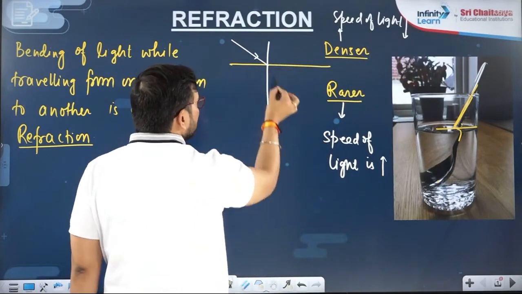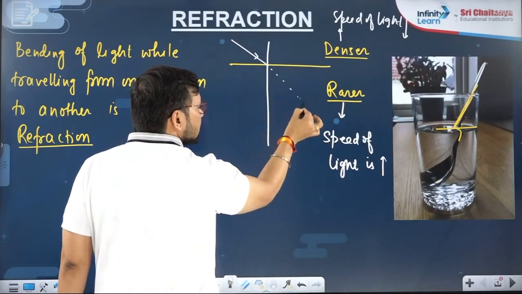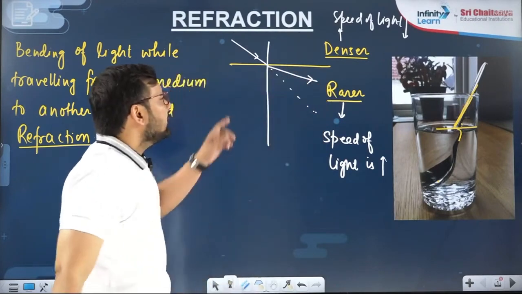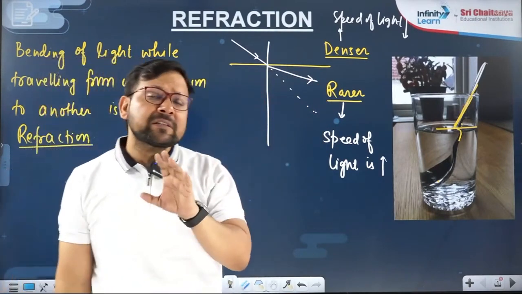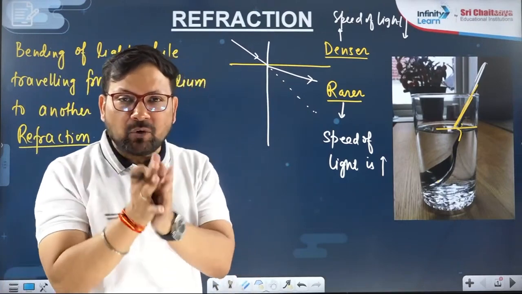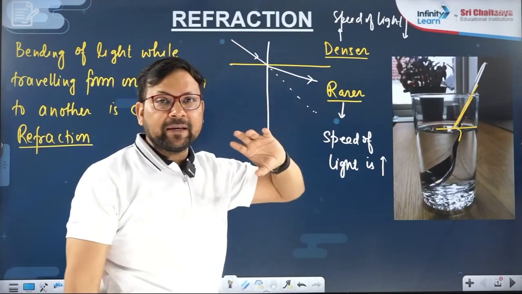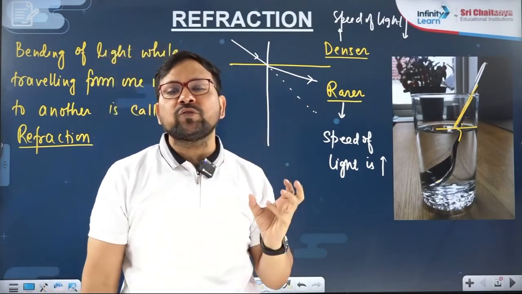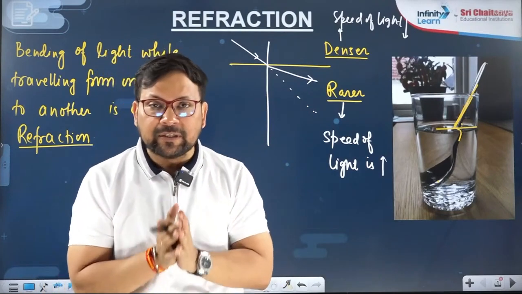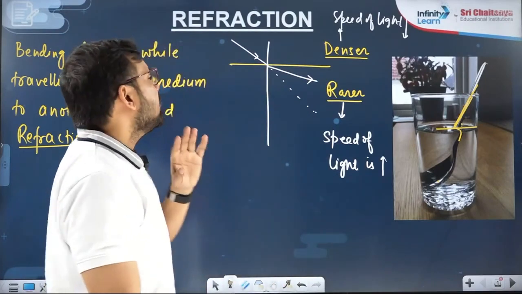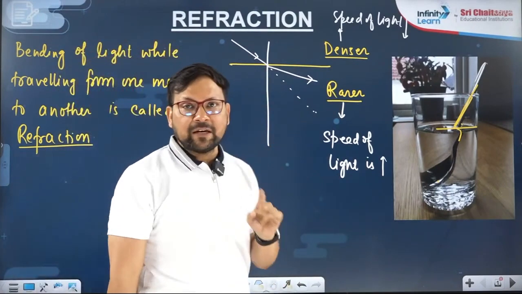So here the speed is more, so whatever path it was traveling, it will bend away from it, and that bending is called refraction. We are not discussing the cause as of now, just telling what refraction is. Whenever light goes from one medium to another medium, it shows deviation from the path, and that deviation is called refraction.